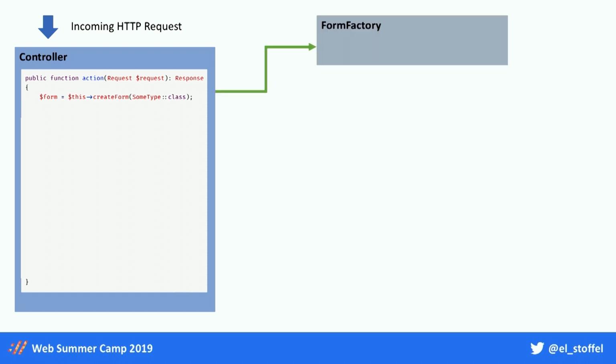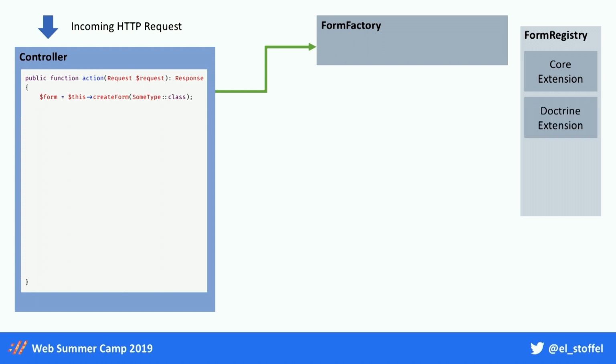This is a service which is present in Symfony, with a feature called form registry, and the form registry knows all the extensions. It provides text type, textarea type, money type, currency type, all those form types, and the Doctrine extension is installed as well, which has features like the entity type.